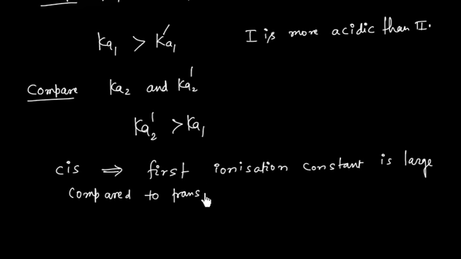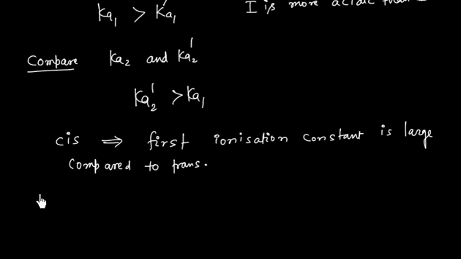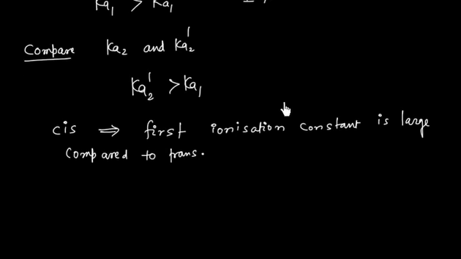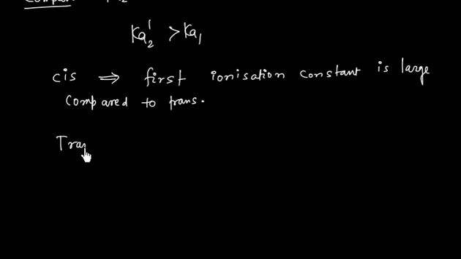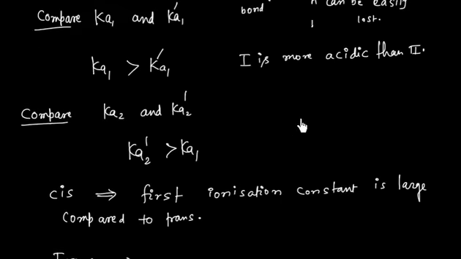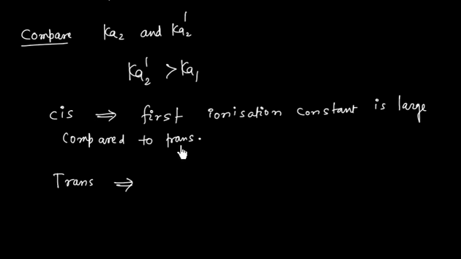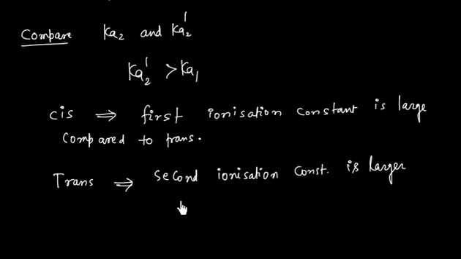But the reverse is the case for the second ionization constant, that is for trans Ka2 dash. For trans the second ionization constant is bigger, the second ionization constant is larger than cis.